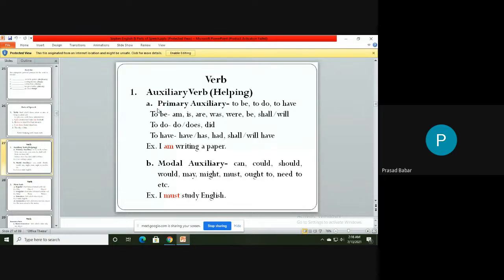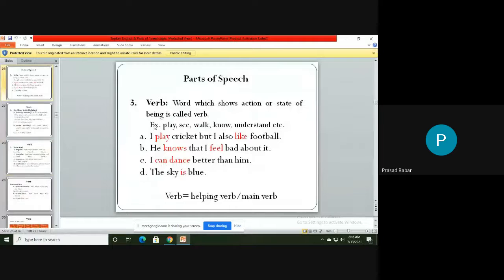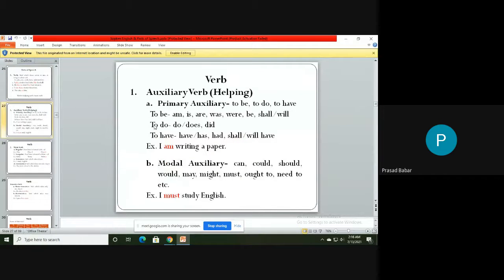There are also two types in the auxiliary verb. So the first type is primary auxiliary, and in these there come many of the auxiliary verbs. We can say that primary auxiliaries are the type of to be form verbs.